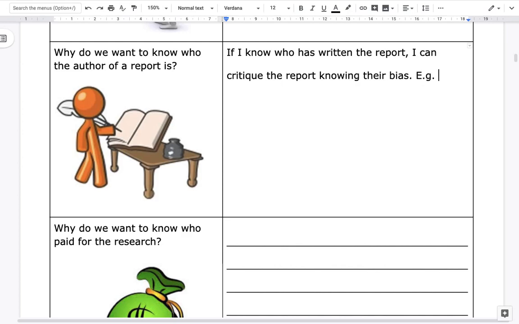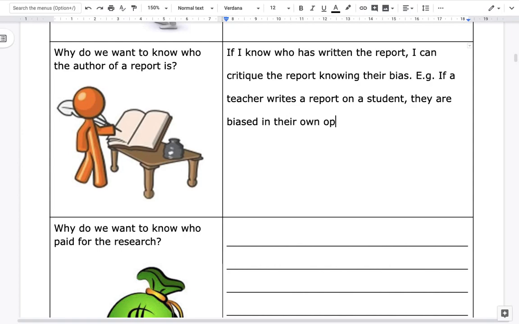So for example, if a teacher writes a report on a student, they are biased in their own opinion of that student. And it may or may not be the same as other teachers. Okay? So knowing who has written this report allows us to identify what their bias might be.